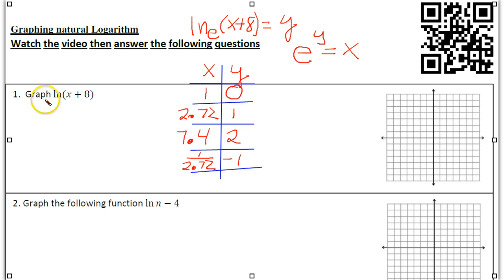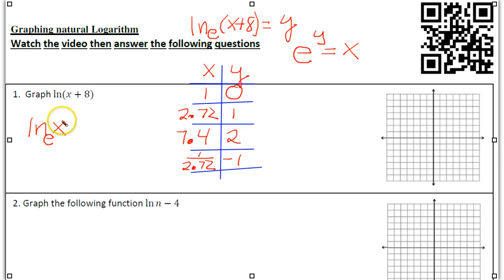Well, if we look at our basic graph of the natural log of x, remember this is to base e, what would that graph look like without having the x plus 8 in parentheses?